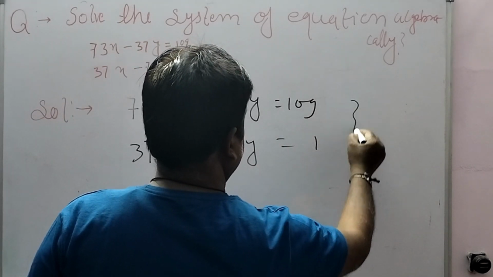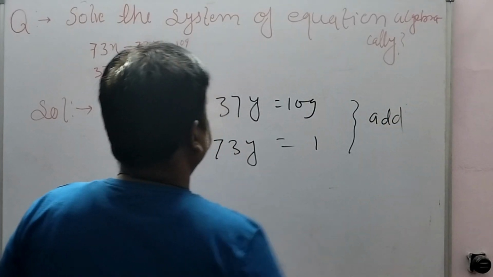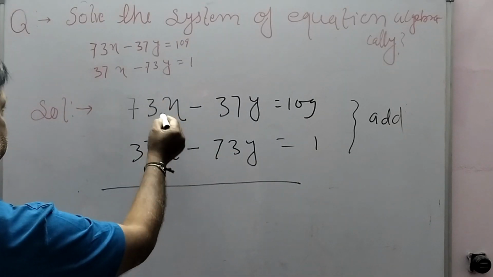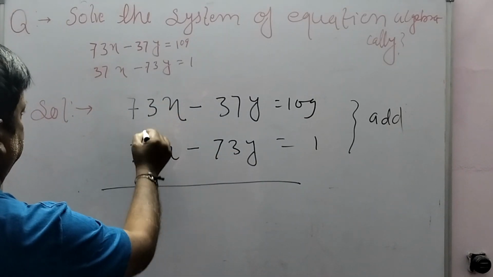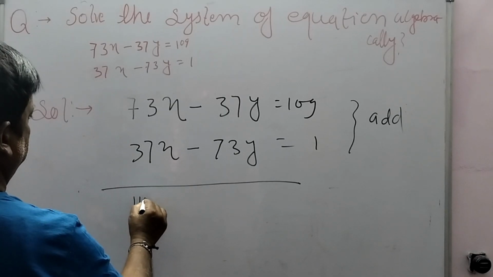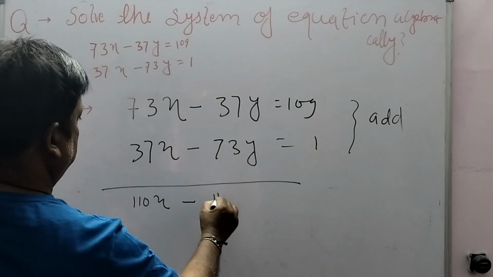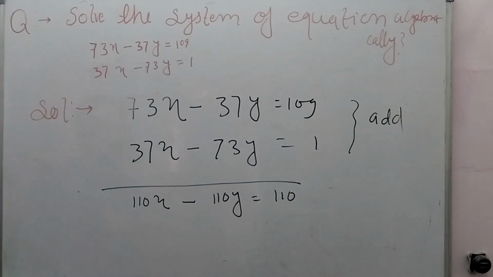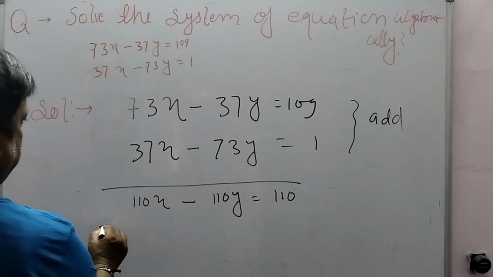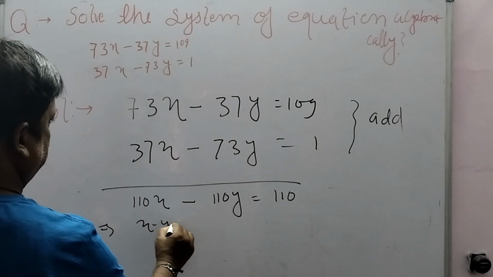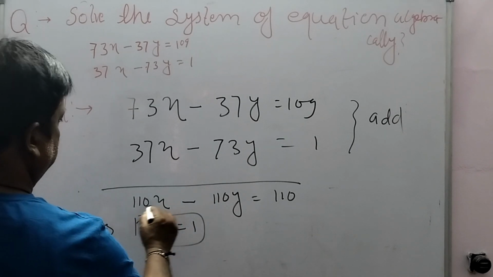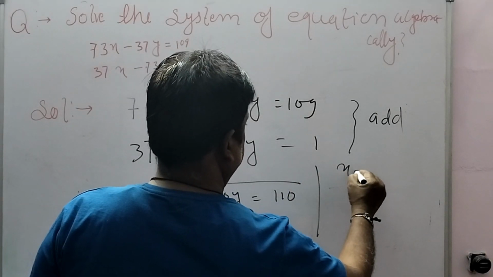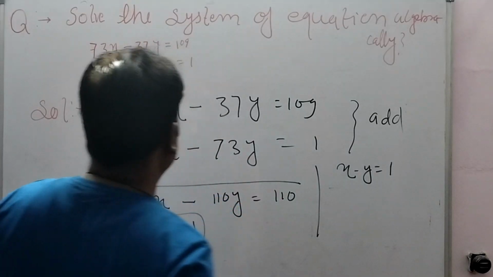First we add both equations. Adding, 73 and 37 make 110x minus 110y equal to 110. That means x minus y equal to 1, as 110 cancels. So the first equation is x minus y equal to 1, from adding both equations.